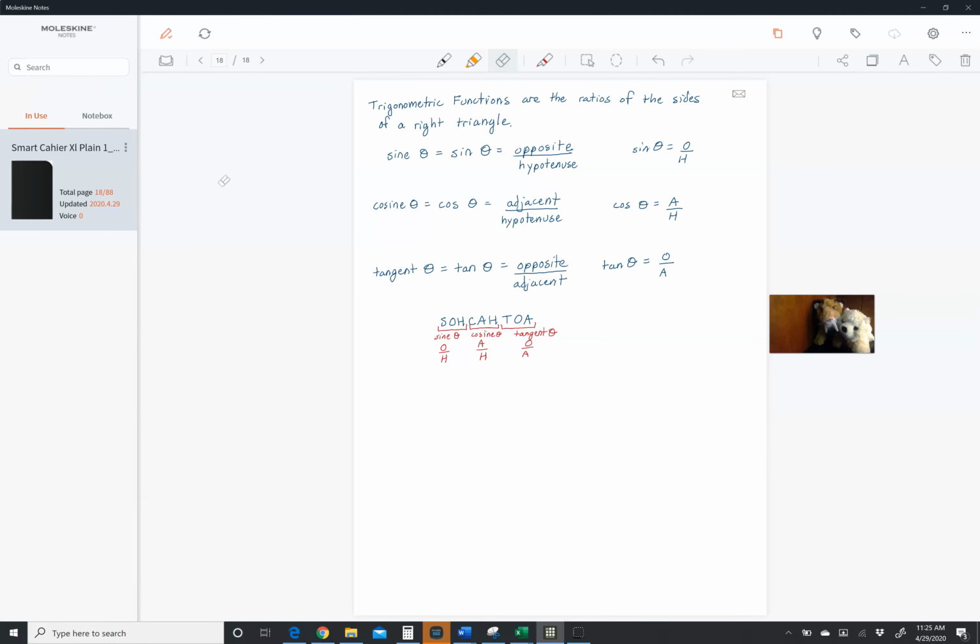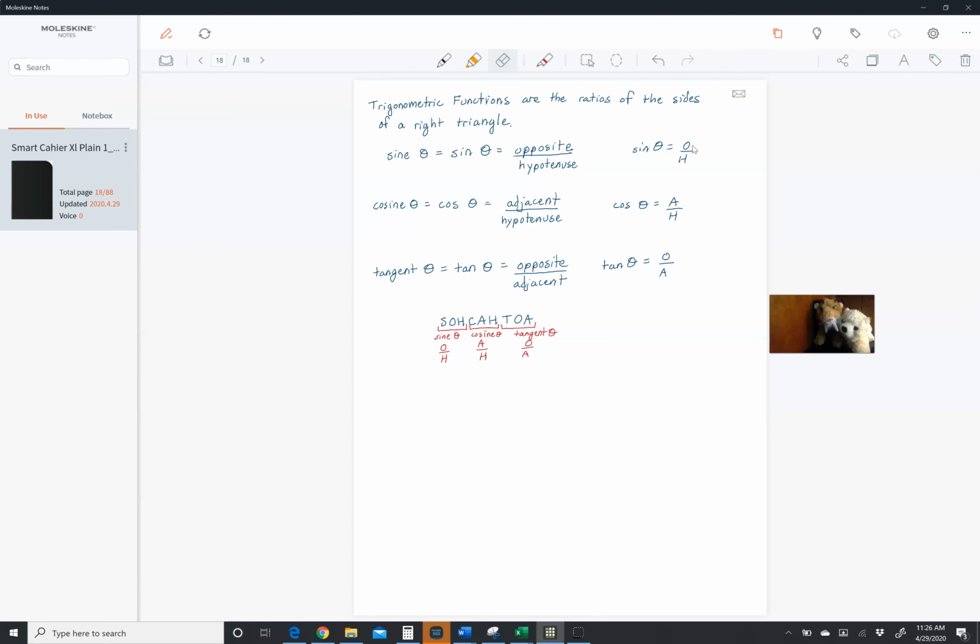And we can make some conclusions about sine, cosine, and tangent. So first of all, H is the longest side of a triangle, which means O is always going to be less than H. Now we know something. When the numerator is less than the denominator, our number is going to be less than 1, okay?